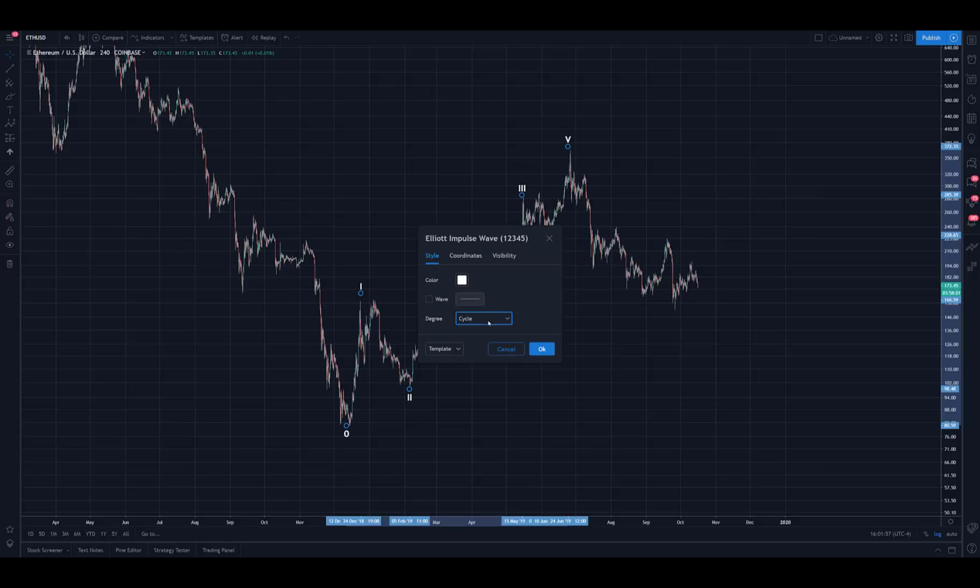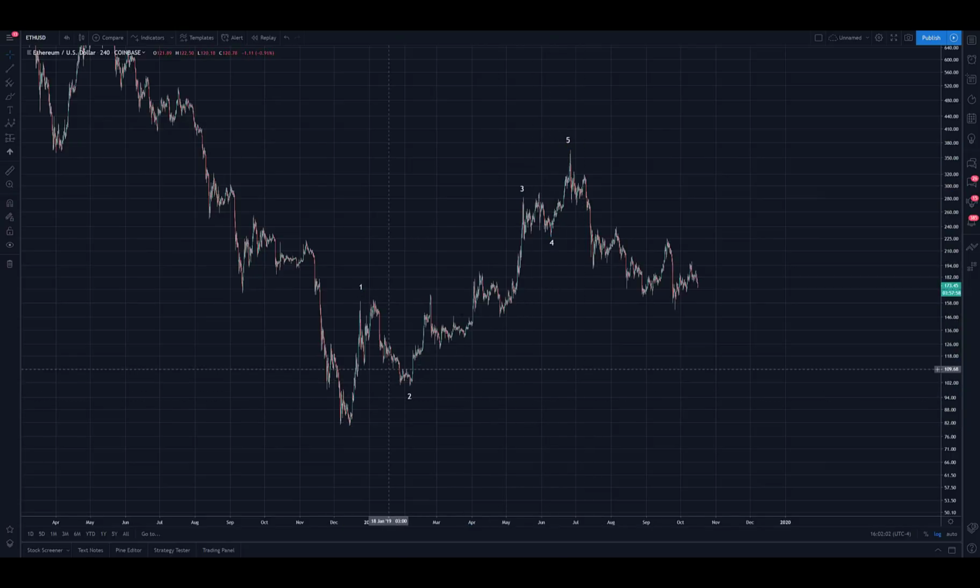And when we get usually an impulse that is complete, there is a requisite correction. So in a 5-3 manner, which is a Fibonacci ratio. And in this case, we've 1, 2, 3, 4 completed, and there is no surprise for this to be correcting.